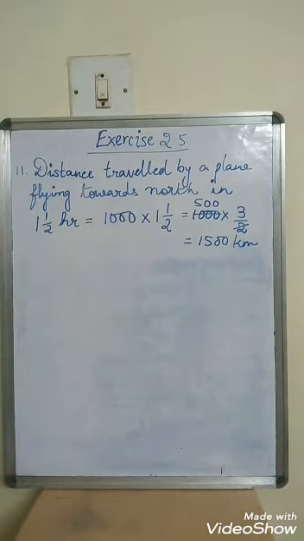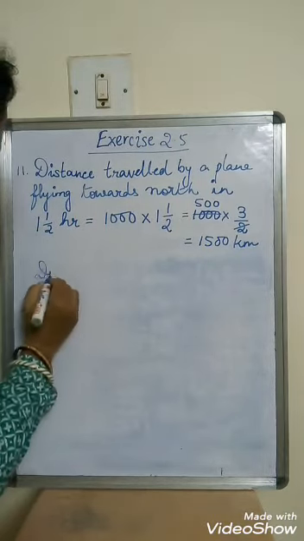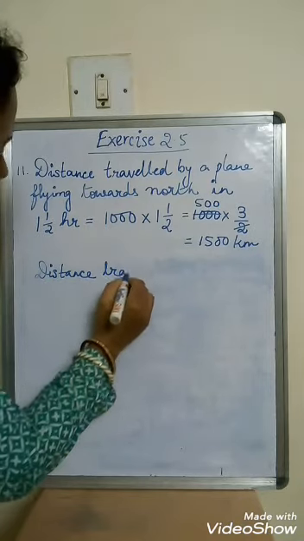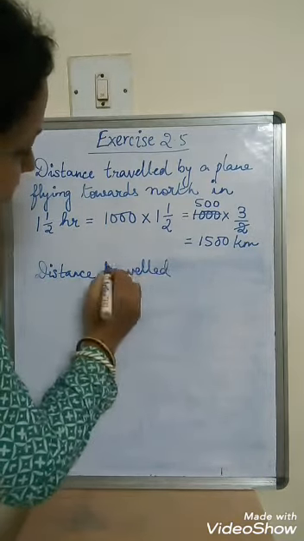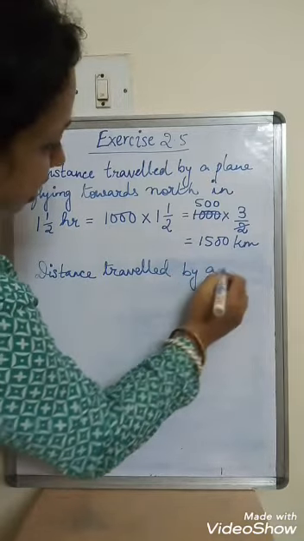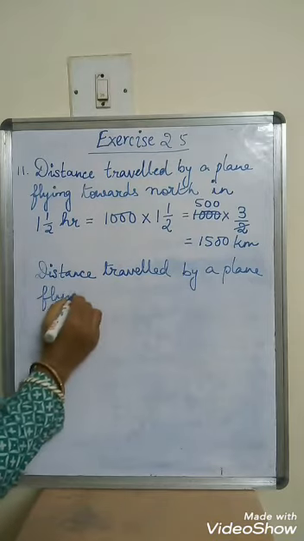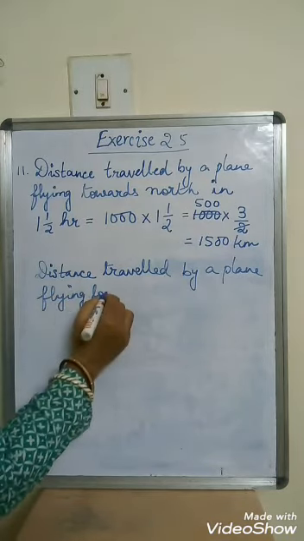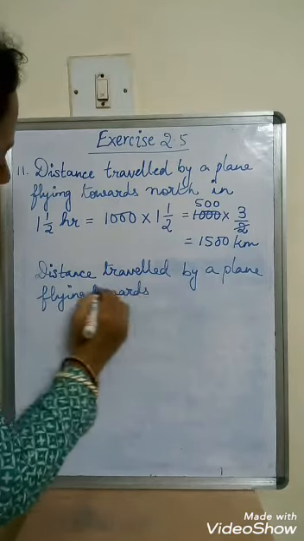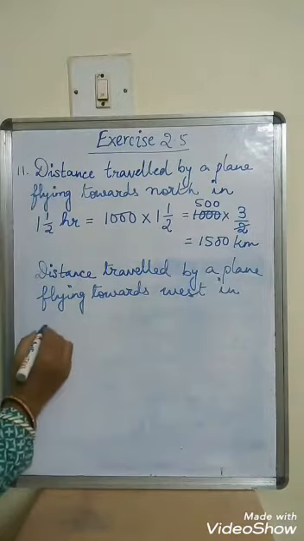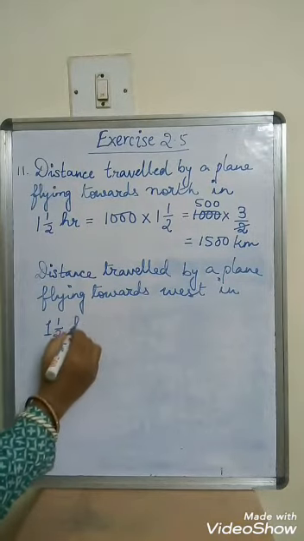Now similarly we will find out the distance travelled by the plane flying towards west in 1.5 hours.